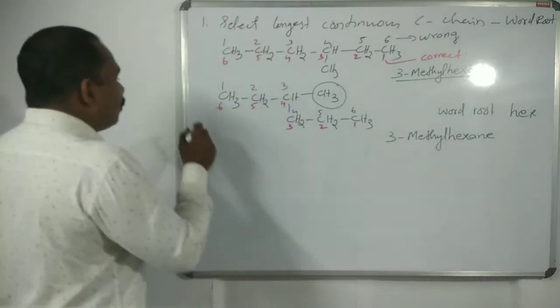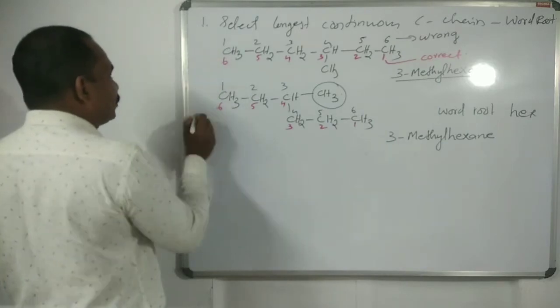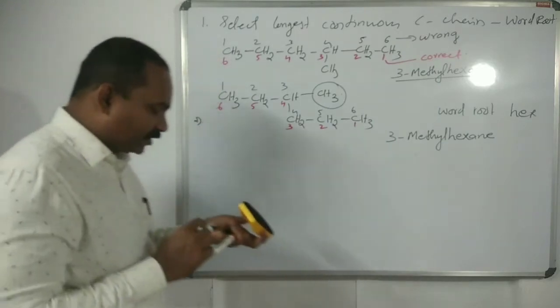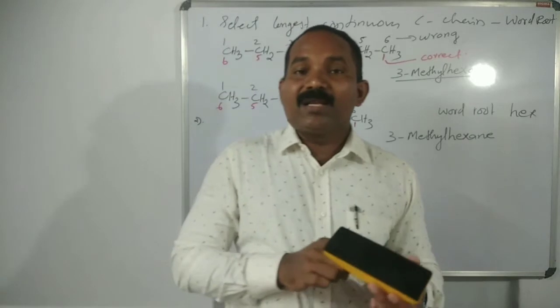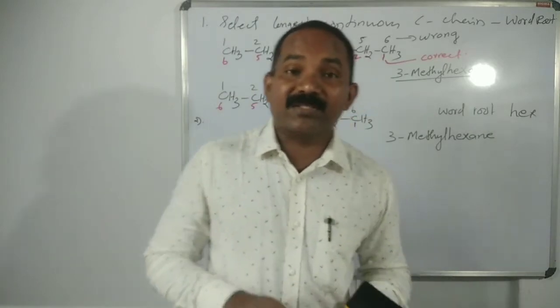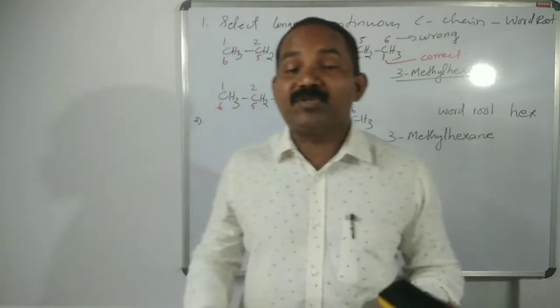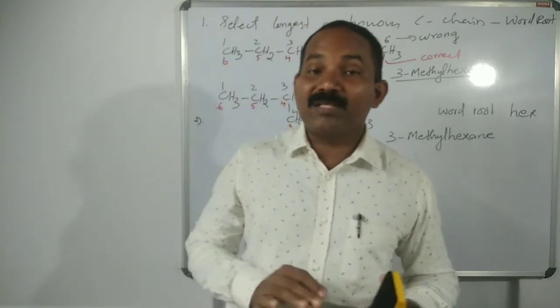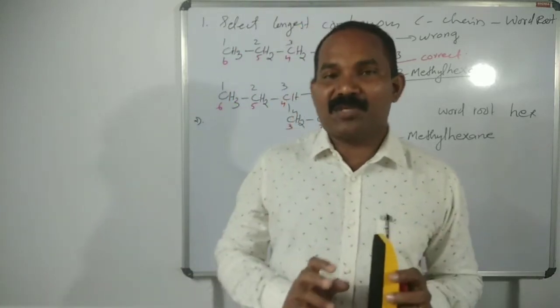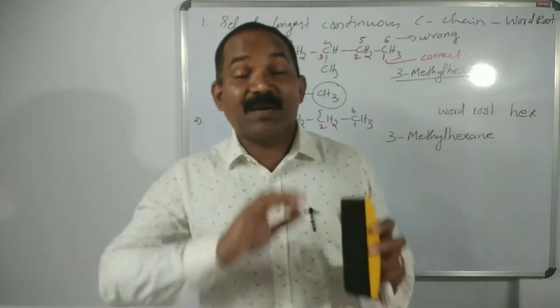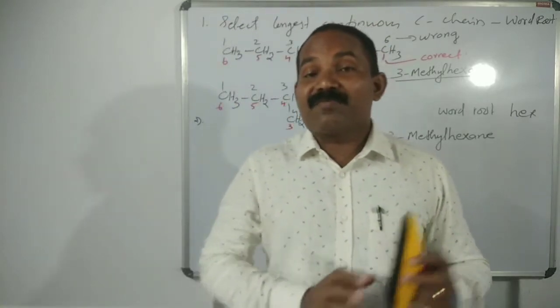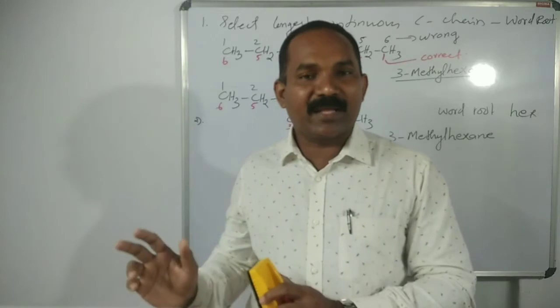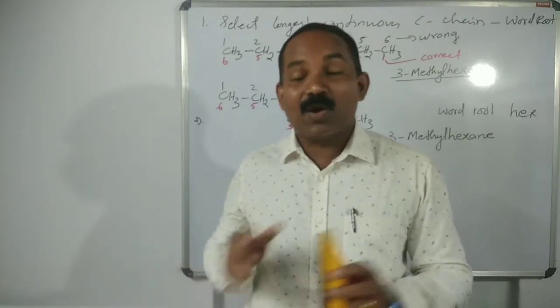So the first and second rules are over. What is the first rule? Select the longest continuous hydrocarbon chain, which may or may not be straight. What is the second rule? Number the carbon chain from one end to the other end, with Arabic numbers 1, 2, 3.